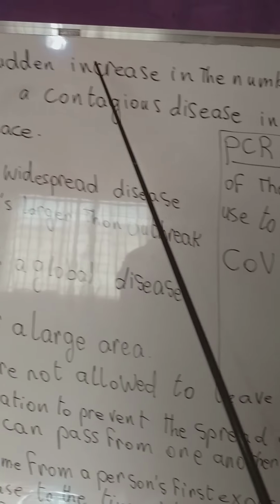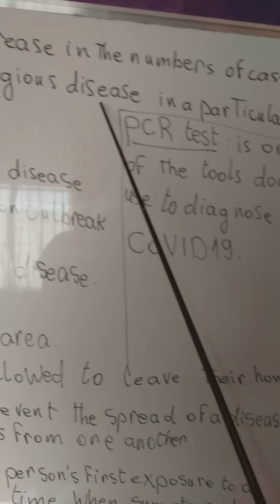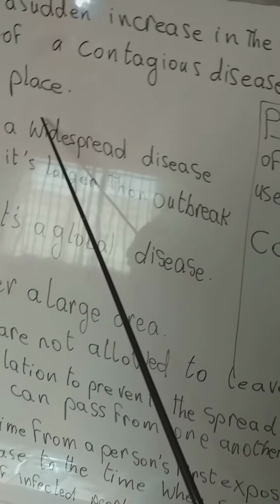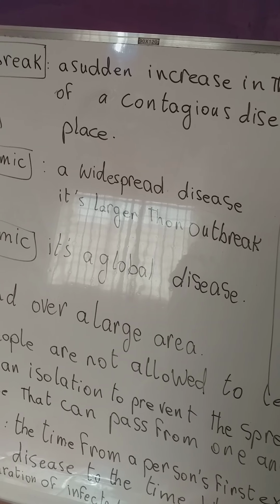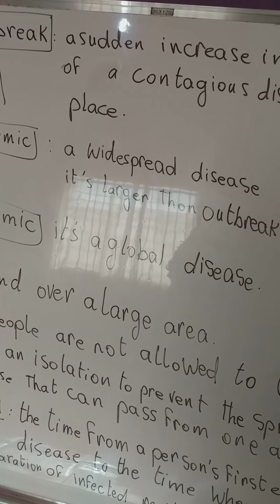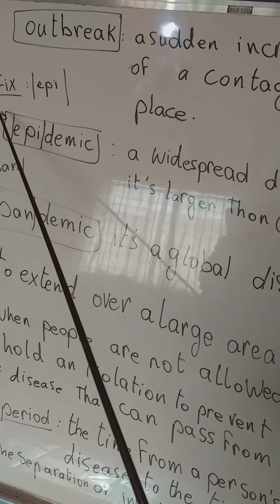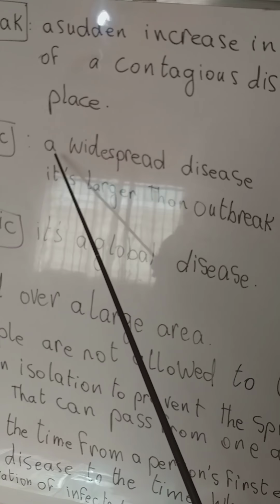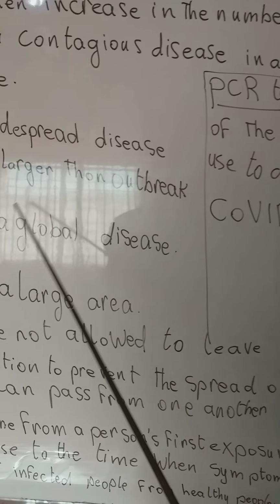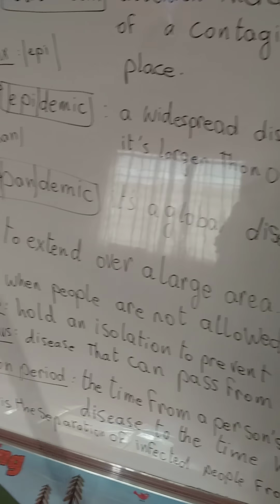Outbreak is a sudden increase in the number of cases of a contagious disease in a particular place or area. Okay? For example, we say there is an outbreak of this disease. Epidemic. Here, the prefix epi means happen. Epidemic is a widespread disease. It's larger than an outbreak. Okay?